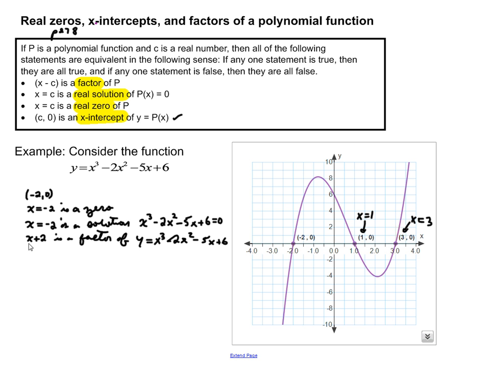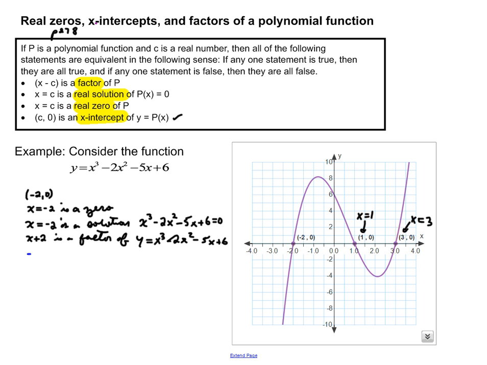If we know that x plus 2 is a factor of this polynomial function, let's relate it back to something that we already know. That is, the factor theorem tells us that if we have a factor, the remainder of our synthetic division should be equal to 0, and we can rewrite the function as a set of linear factors with x plus 2 as one of those factors.